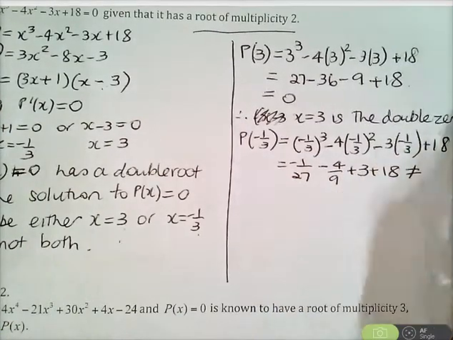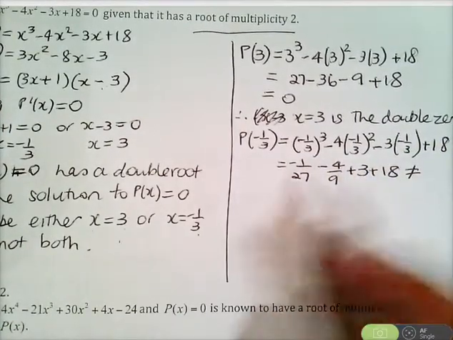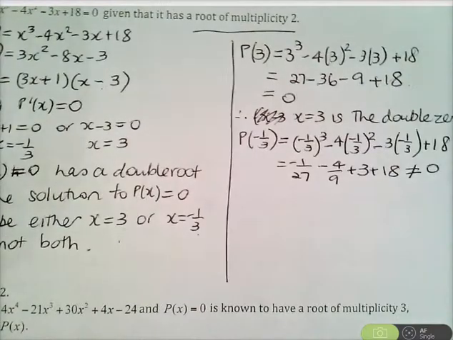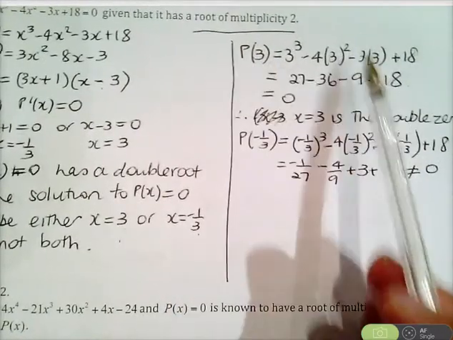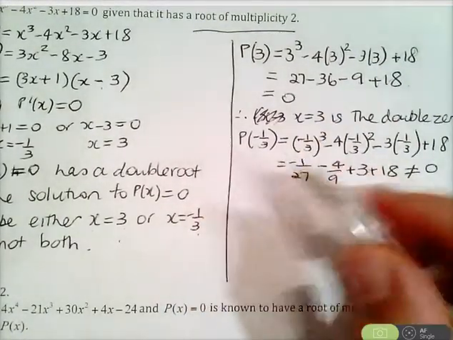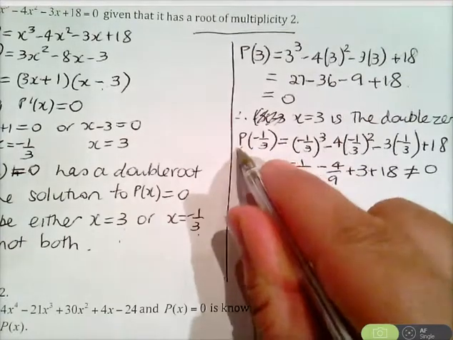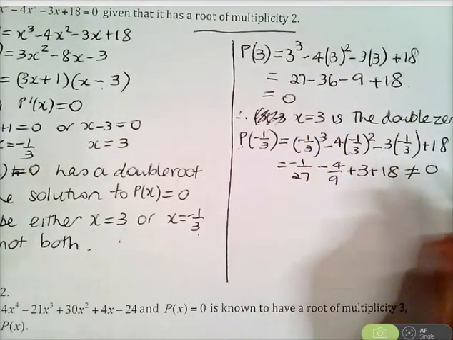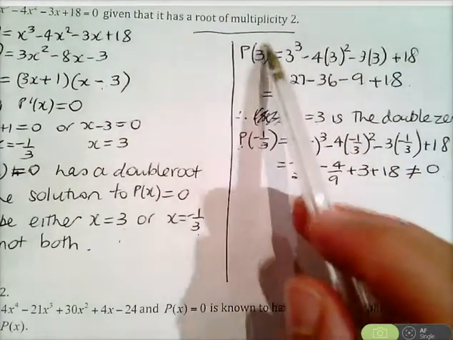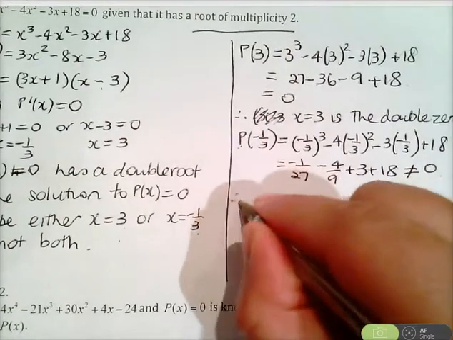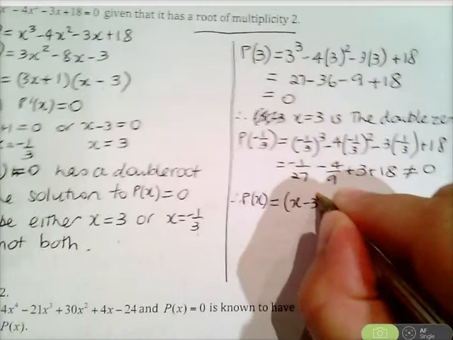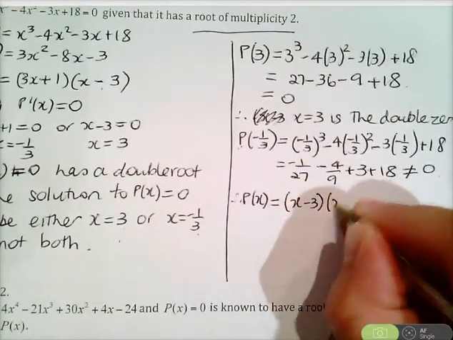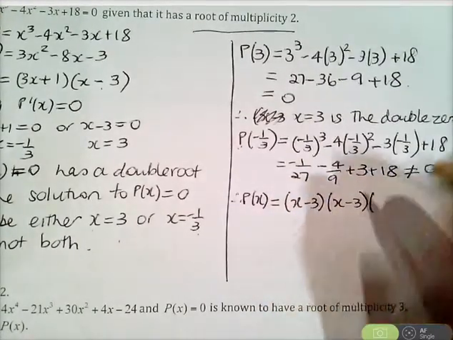Now there is no way that 21 minus these two small fractions is 0. I won't even work out what it is. It's just not equal to 0. So we did p of 3 in the first place and we got that it was a double zero anyway. But I was just showing if you did p of negative 1/3 first and you didn't get 0, you would have then tried p of 3. So therefore your polynomial in x is (x minus 3) squared, so I'll just write it as x minus 3 times x minus 3.